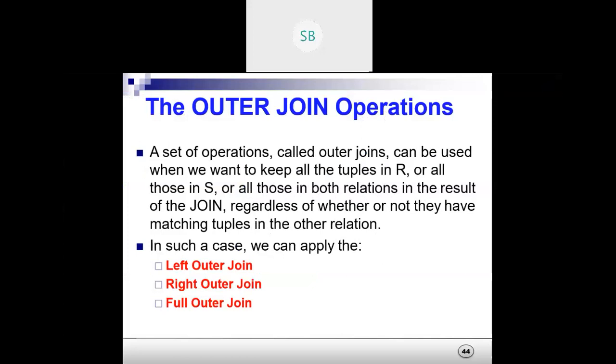In theta join, we use any comparison operator apart from the equal to sign. One thing common to all is that only the tuples that match the criteria appeared in the result.